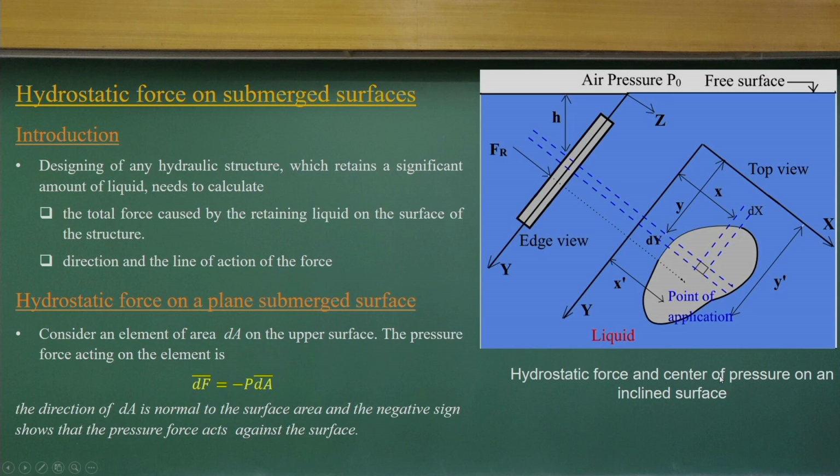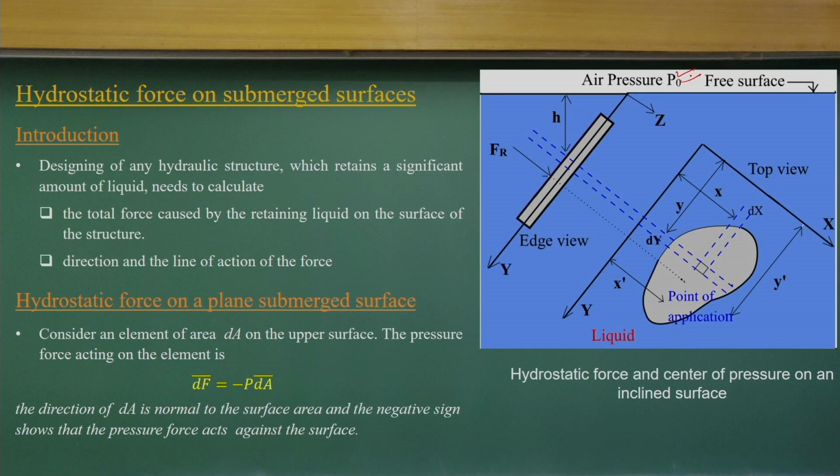Now, let us come to the derivation of the hydrostatic pressure on a submerged surface. That means the surface is submerged in a liquid. We have the atmospheric pressure on it, we have the free surface, and I am putting a surface with x and y projections in these directions.